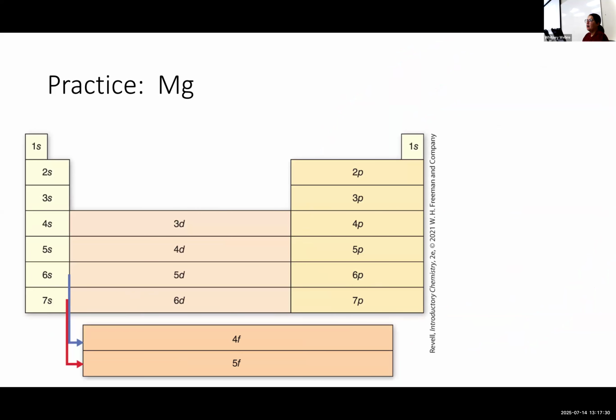Let's practice. Let's do two ways: the full configuration and then the noble gas configuration. So magnesium, that's number 12, right here. What is the configuration? I'll have y'all write it out for me. Let's just assume it's neutral.